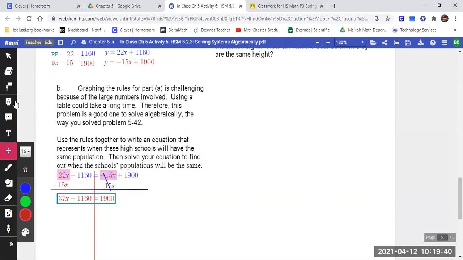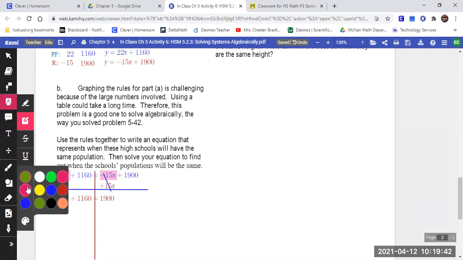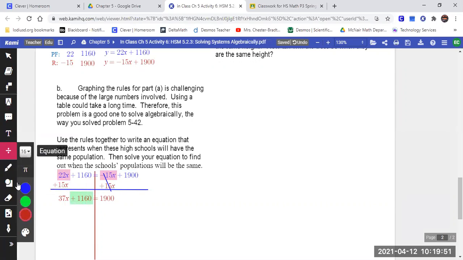Okay. Are we done with big zeros? No, because I see that there's still a number on the side with the x. So we have to move it. What are we going to do to get that one moved? How are we going to zero it out? Yep.